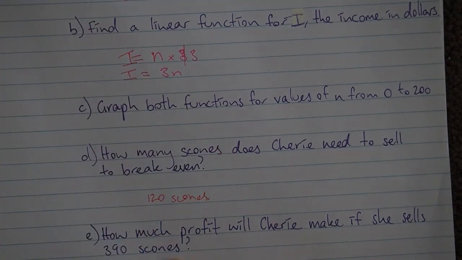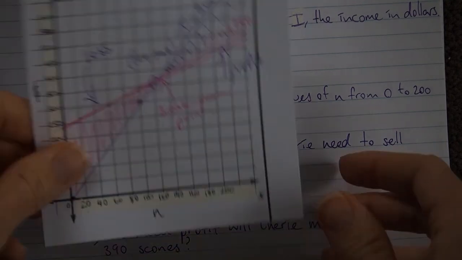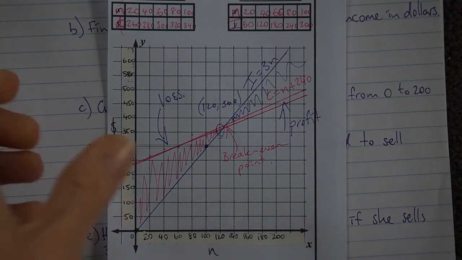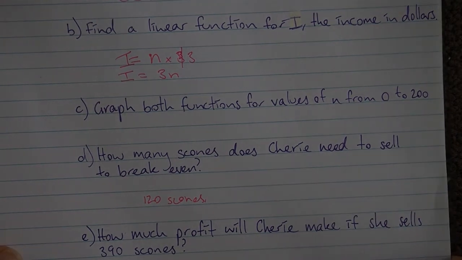All right, so how much profit will Cherie make if she sells 390 scones? Well, if we have a look on our graph, we only graphed up to 200 scones. So what we need to do is work out how much income she would get from 390 scones.